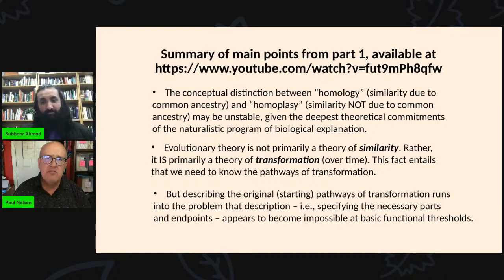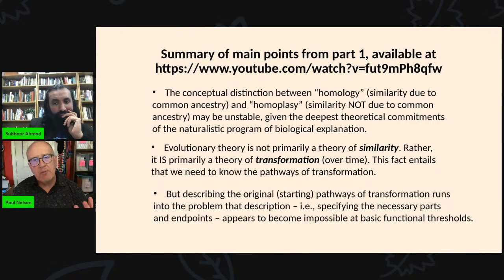The problem is, and we'll look just at proteins today, describing the starting set of entities that are going to undergo transformation runs into a problem. When we come to biological reality, for instance, what is necessary for the cellular state, we may find that it is impossible to describe our starting set of entities which are going to undergo transformation.